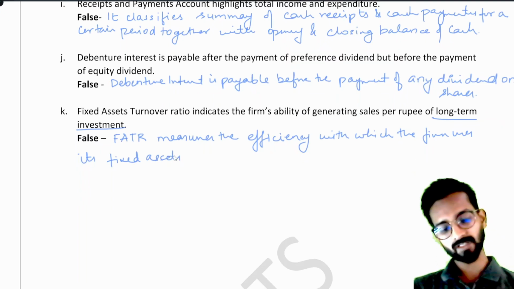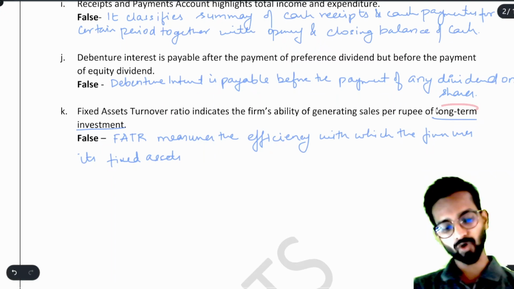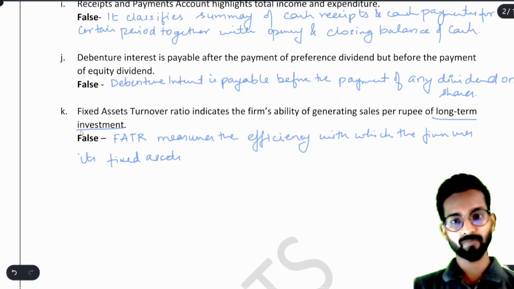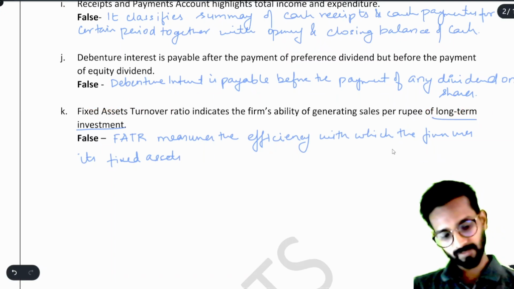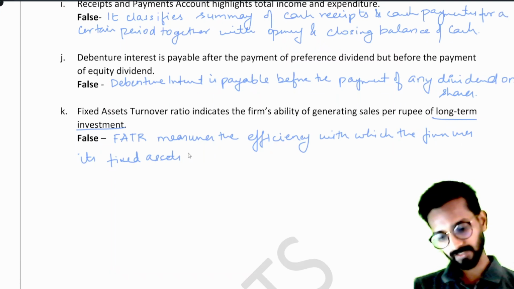See, what is question saying? Question is saying ability of generating sales per rupee from long-term investment. No, fixed asset turnover ratio says ability of generating sales per rupee from fixed assets. Okay, understood? The focus is on fixed asset and not on the long-term investment. Then, which the firm uses its fixed assets?